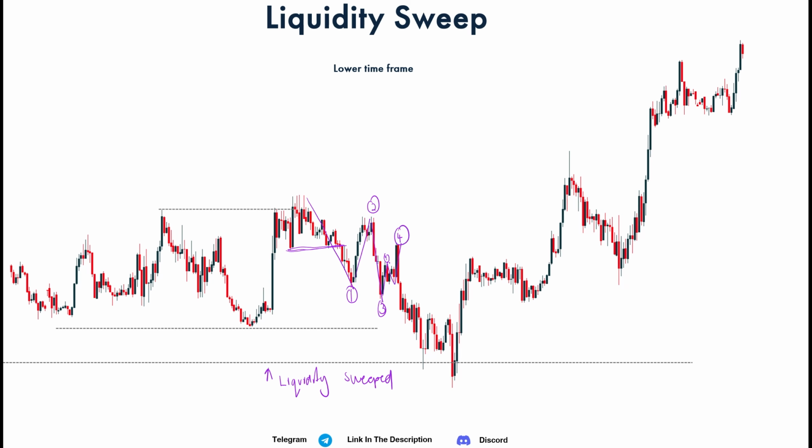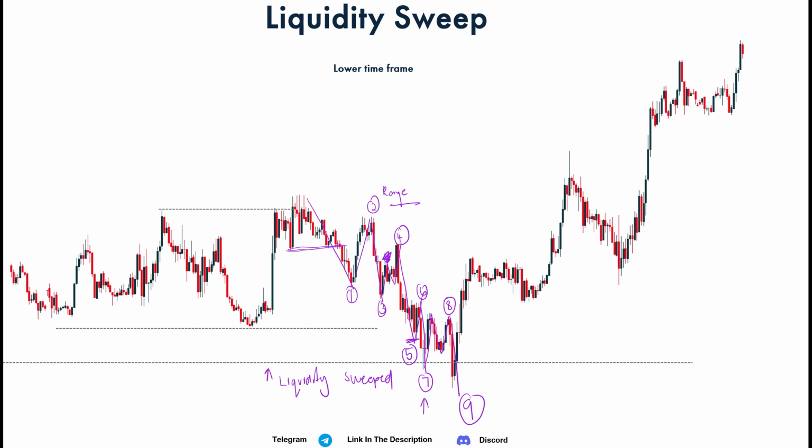We have 4, then we cancel this 1 because price is trading inside this range, and then we have a move to the downside, which makes our 5, a move to the upside 6, a move to the downside 7, a move to the upside, and then a move like this, and then this is our 8, and then we have the last move here. This is our 9th wave.